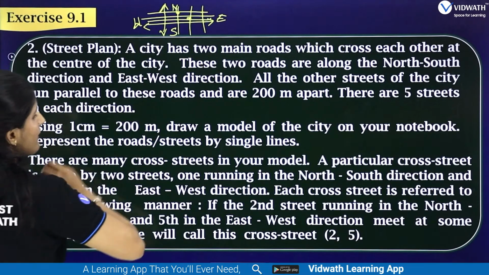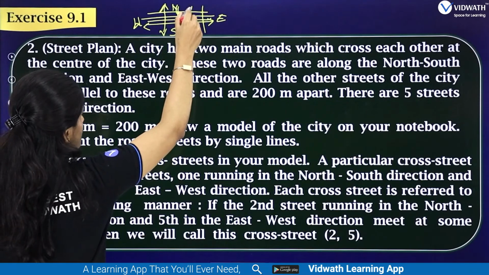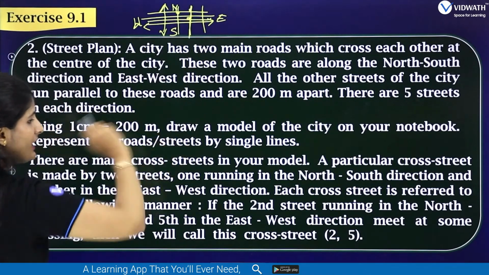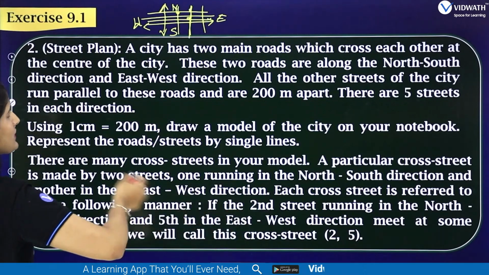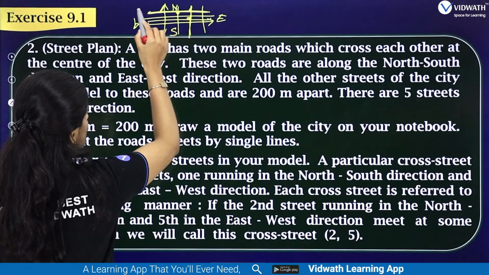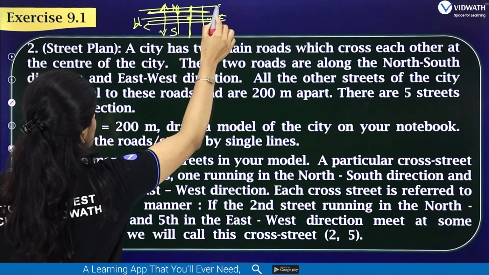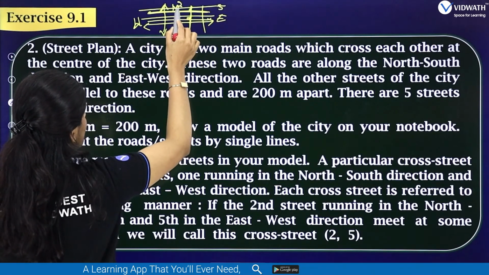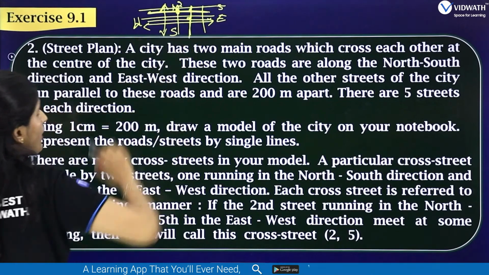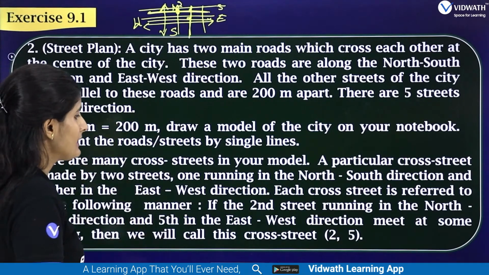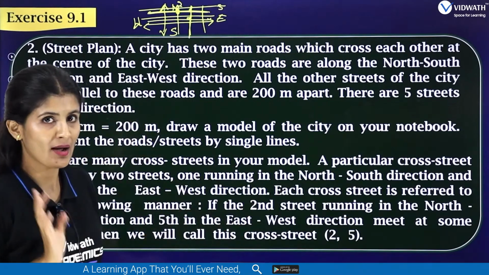This is the second street, running in the north-south direction, and this is the 5th street, running in the east-west direction. The cross street formed at the intersection of both of these streets is represented by the coordinates 2, 5.